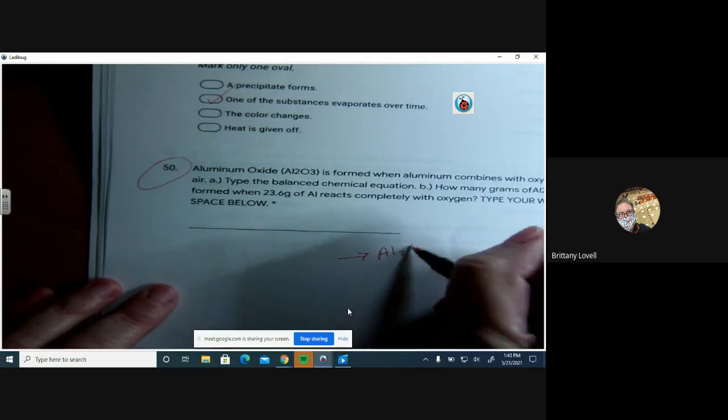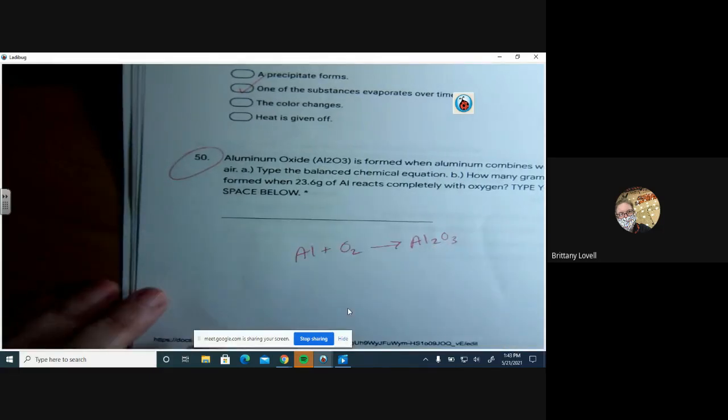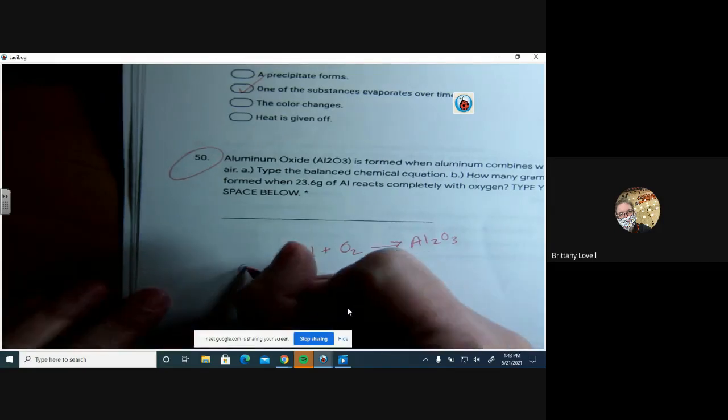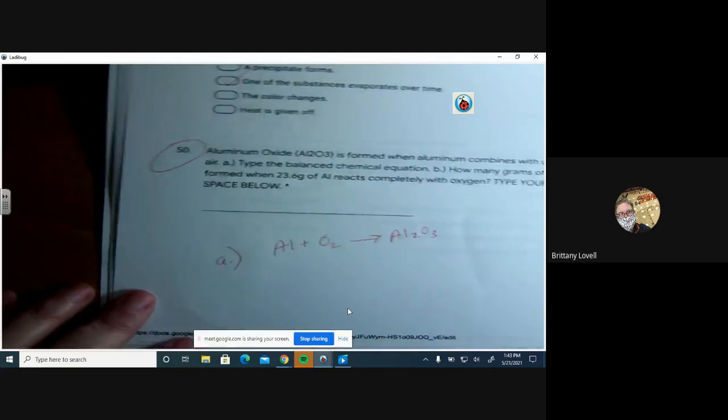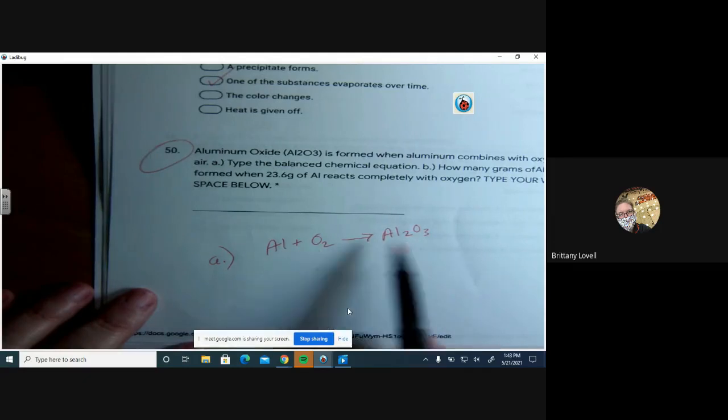So aluminum oxide is formed when aluminum combines with oxygen. Okay, so there's our equation. Now we want to make sure we write the balanced equation. So letter A. If we balance this, I'm not going to mess with aluminum because I know I'm going to have to go back and change that. Oxygen is messed up.